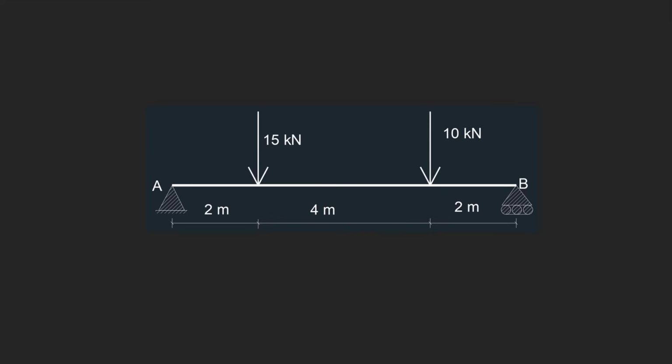This is our beam. It has pin support on one end and on the other side we have roller support. Two concentrated loads are acting on the beam: 15 kilonewton is at a distance of 2 meters from support A and 10 kilonewton is at a distance of 2 meters from B. Our first step is to draw the free body diagram, which shows all the applied and reaction loads acting on the beam.